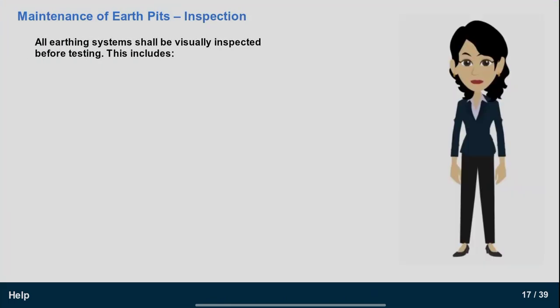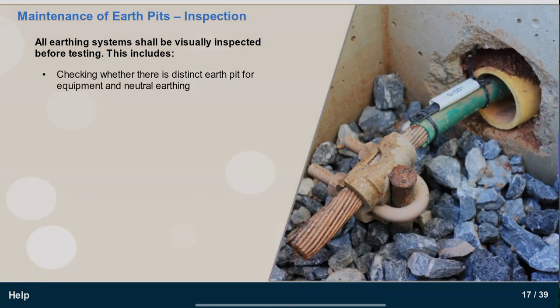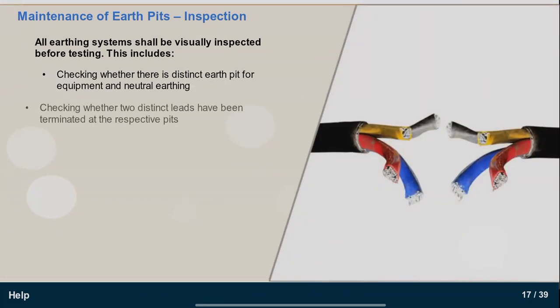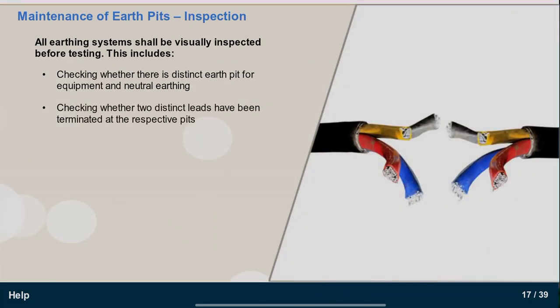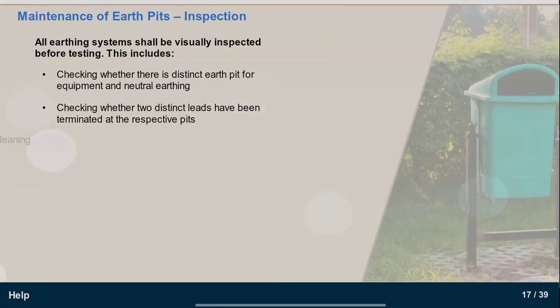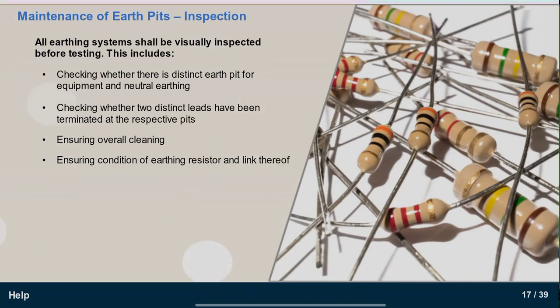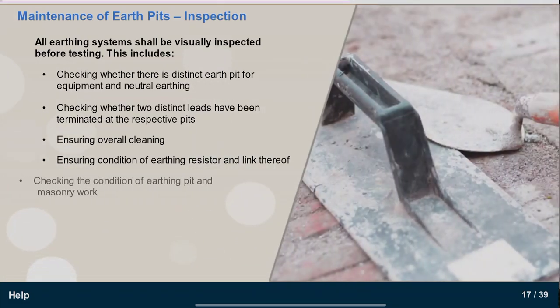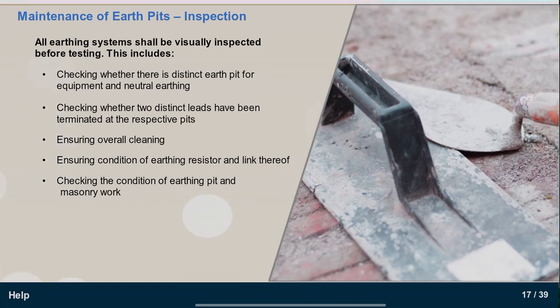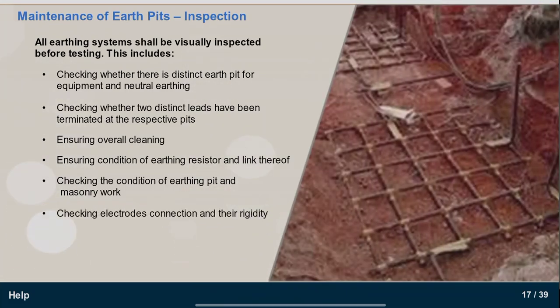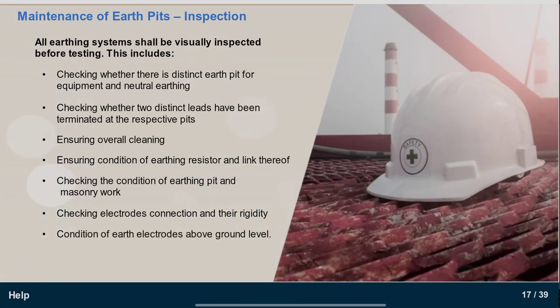In the inspection phase, all earthing systems shall be visually inspected before testing. This includes checking whether there is distinct earth pit for equipment and neutral earthing, checking whether two distinct leads have been terminated at the respective pits, ensuring overall cleaning, ensuring condition of earthing resistor and link thereof, checking the condition of earthing pit and masonry work, checking electrodes connection and their rigidity and the condition of earth electrodes above ground level.